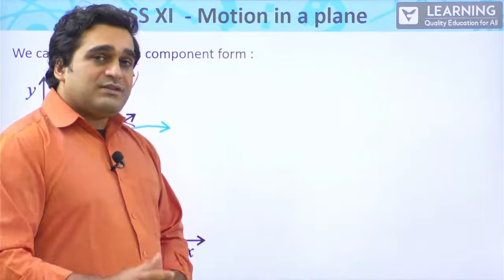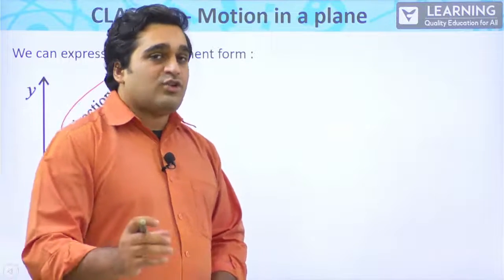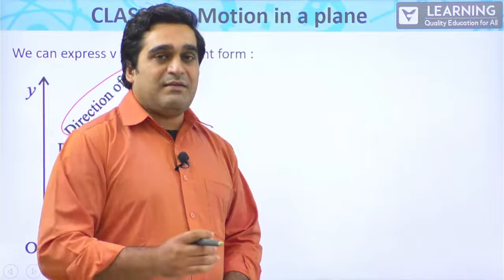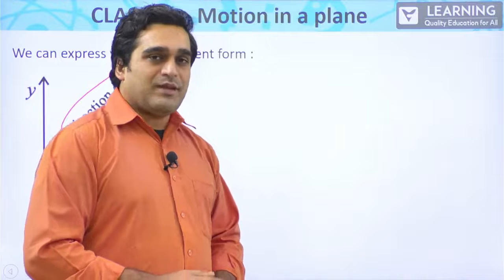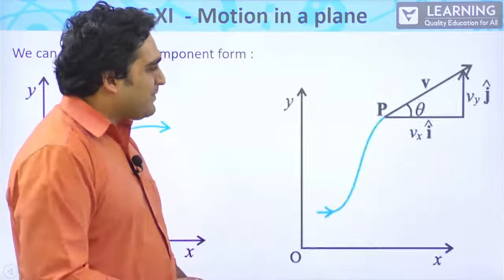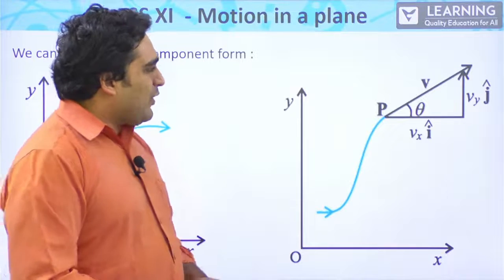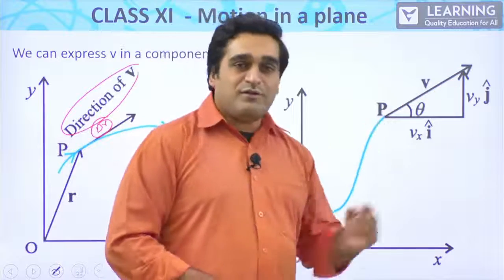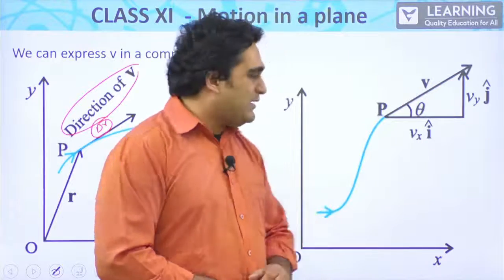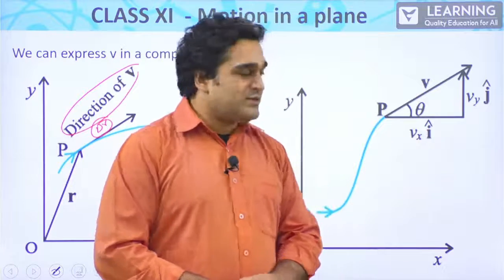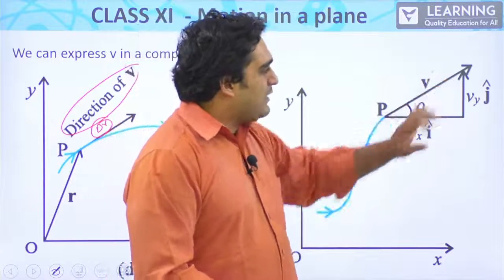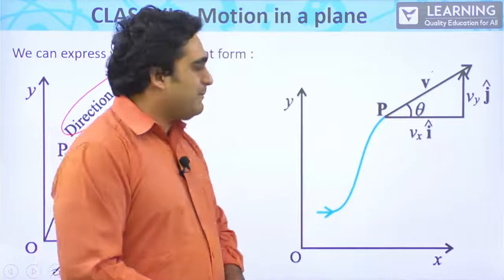Now, we also discussed a few components of velocity, namely the x component and the y component, such as this. For a given vector, which is represented in this case as a velocity, you have the x component given by Vx and the y component given by Vy.